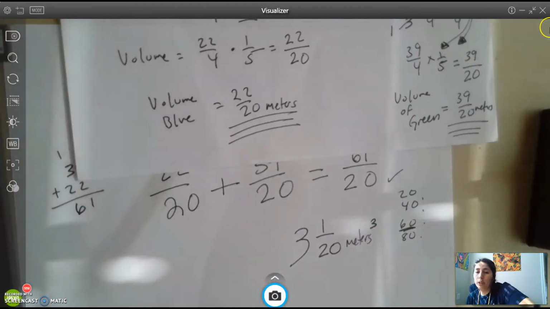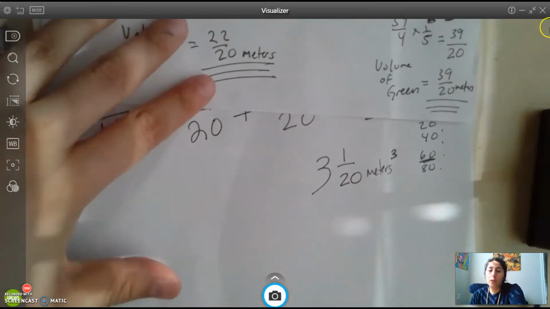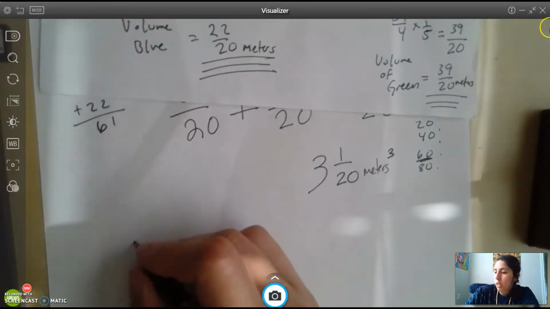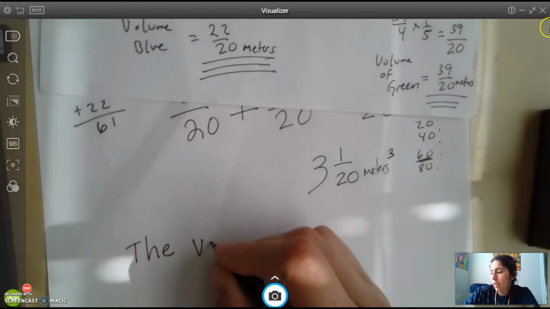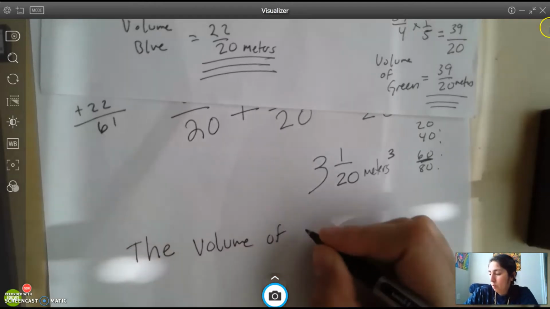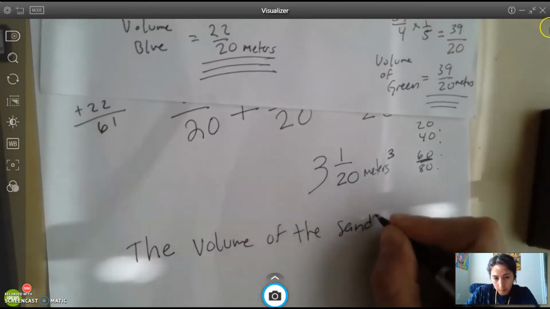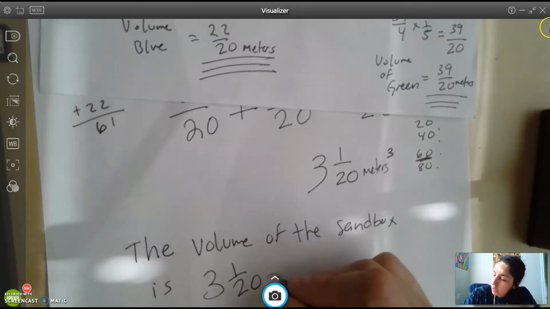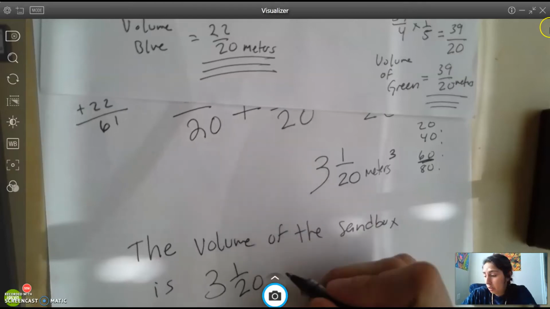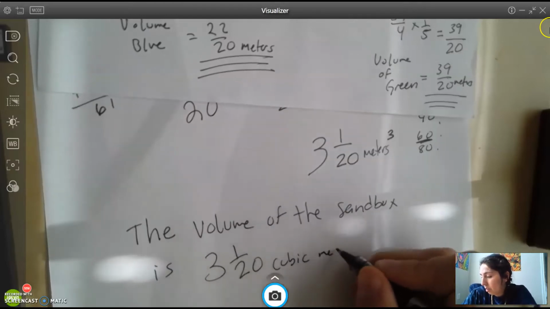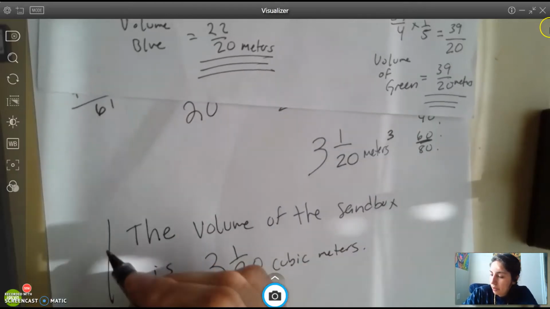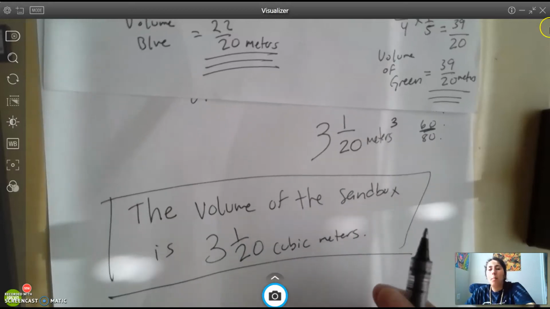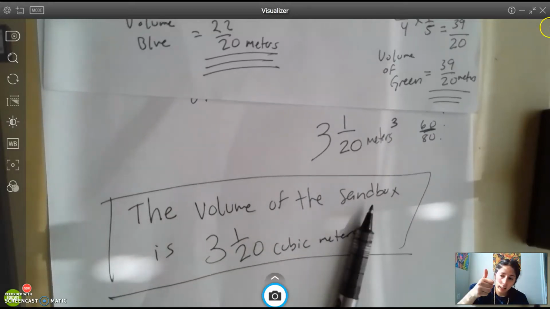And I got 3 and 1/20 meters cubed. So I'm saying the answer is the volume of the sandbox is 3 and 1/20 cubic meters. Period, full sentence, box it in, and I am done.